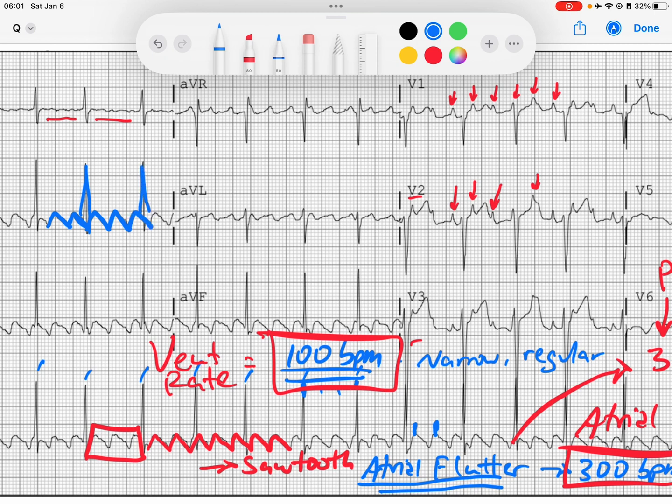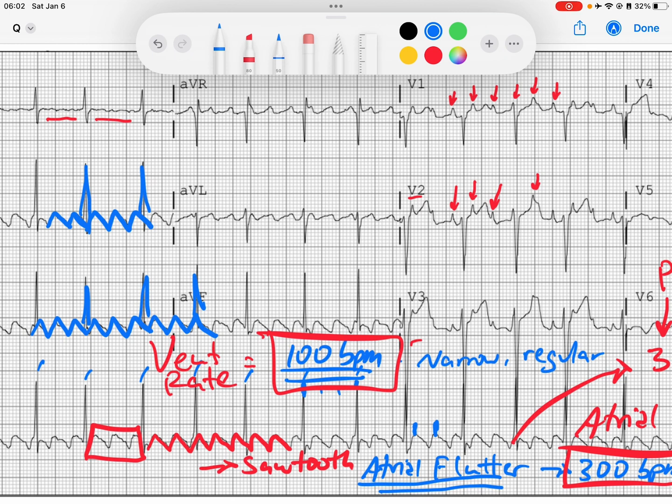So we've got a 3 to 1 conduction, right? We've got flutter, 2, 3, QRS, 1, 2, 3, QRS, 1, 2, 3, QRS.